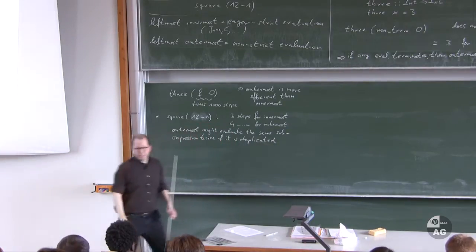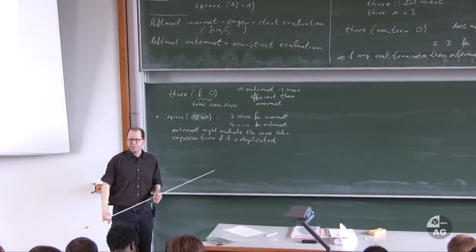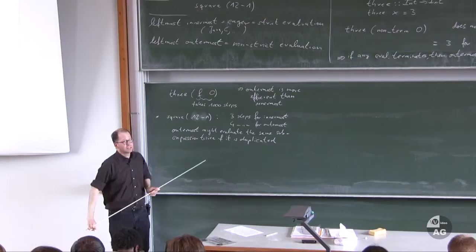And so what Haskell does is it tries to do outermost evaluation, but it tries to avoid this disadvantage.